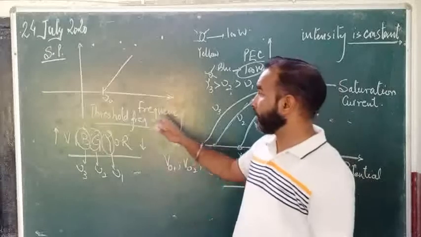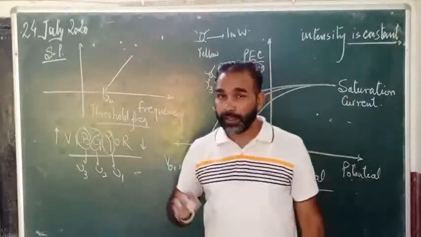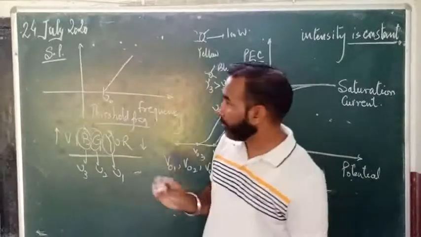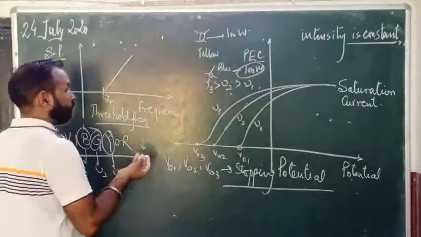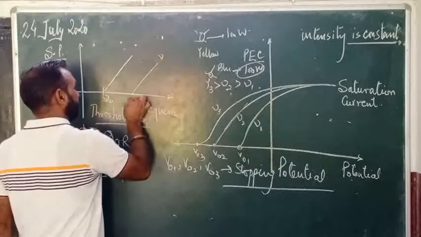So this basically is the threshold frequency, and stopping potential and frequency vary linearly. If we draw for two different metals, it will be different for different metals.